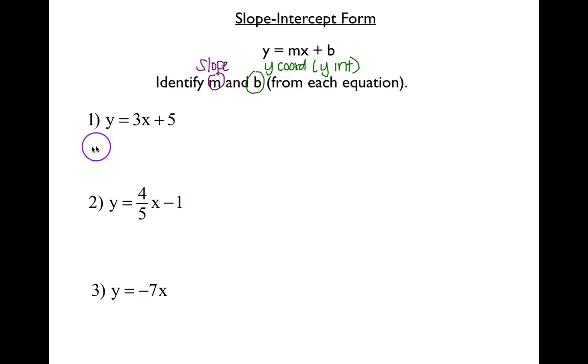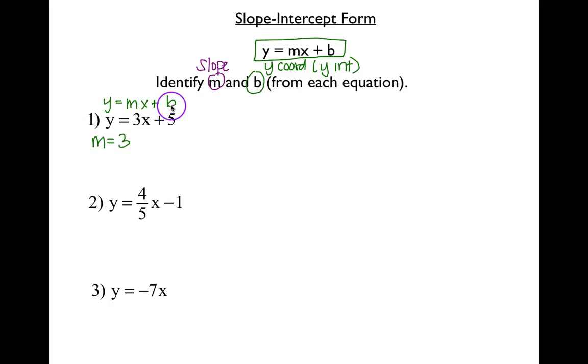The first thing that I like to do is remind myself of the slope-intercept form, which can be found here, y equals mx plus b. I'm going to write it on top of this original equation: y equals mx plus b. In this case, I am reminded that the slope is 3, so I'm going to write that down.